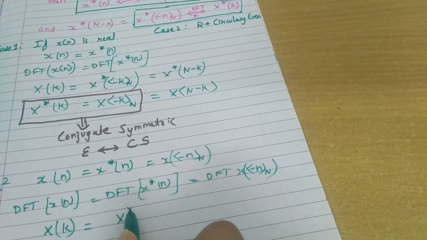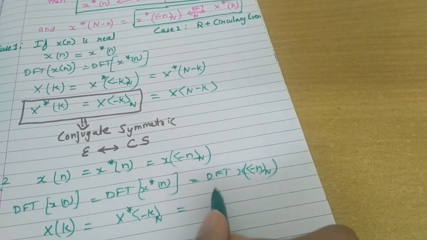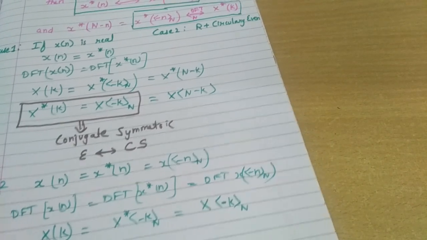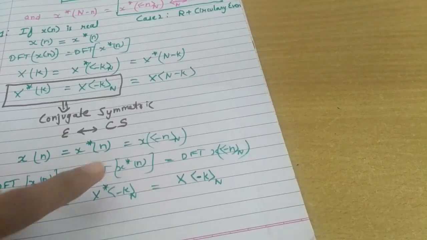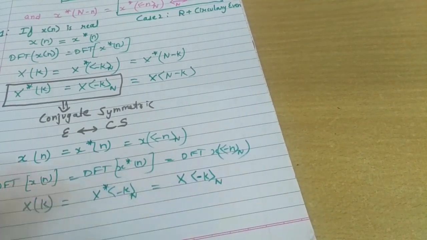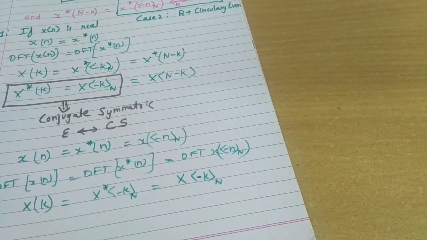So it can be written as x star of minus k, and the same can be written as x of minus k, because x star of n has this DFT, but DFT of x of minus n is x of k as per our circular time reversal property.